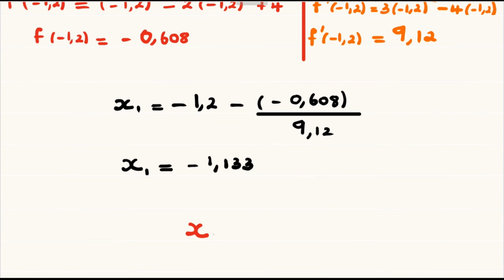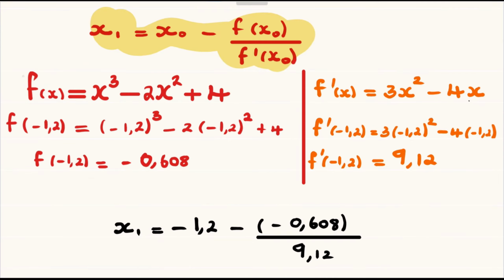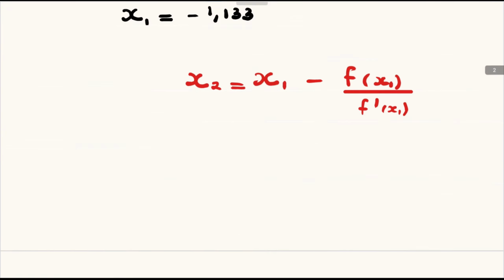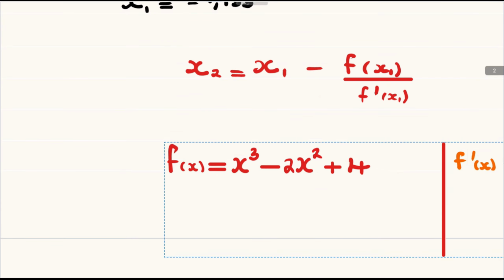So we have x subscript 2 is equal to x subscript 1 minus f of x subscript 1 divided by f prime of x subscript 1. We just copy these two equations so that we can determine the f of x1.